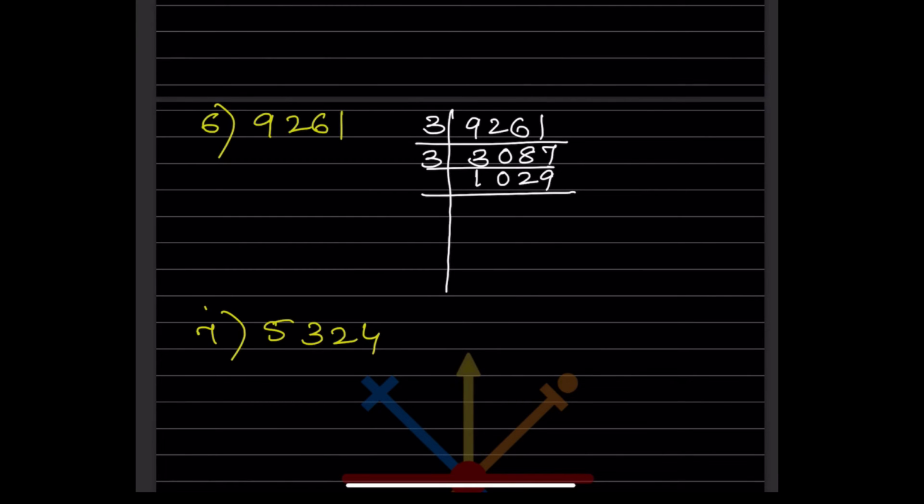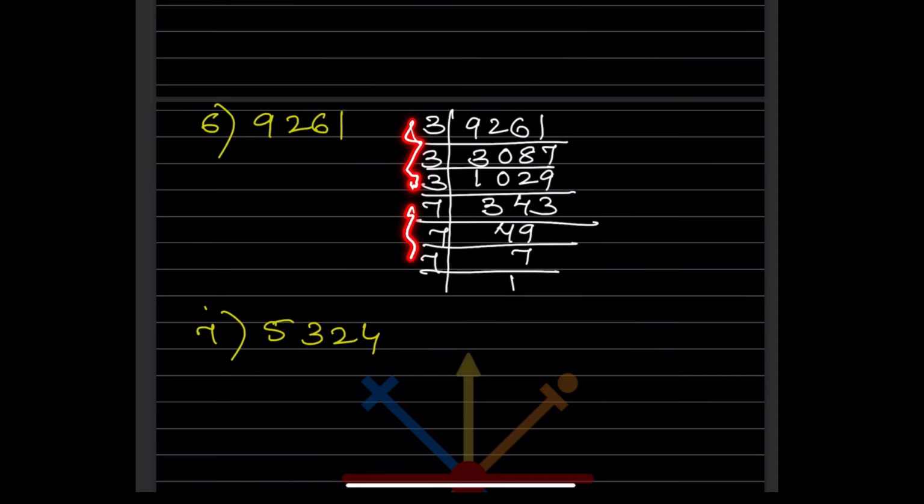Again this goes with 3. Now this doesn't go with 3, but this will go with 7. So now let us see. This is a group of 3, same 3, 3, 3, and this also 7, 7, 7. So we can say it is a perfect square.